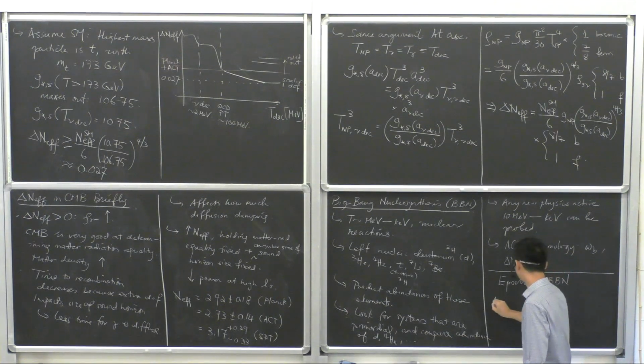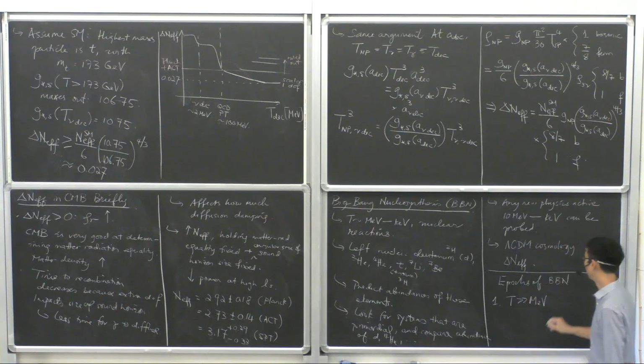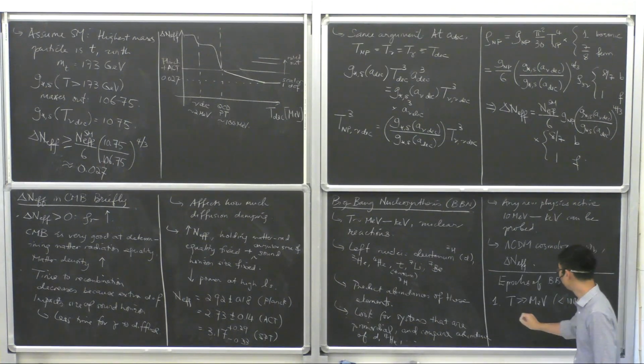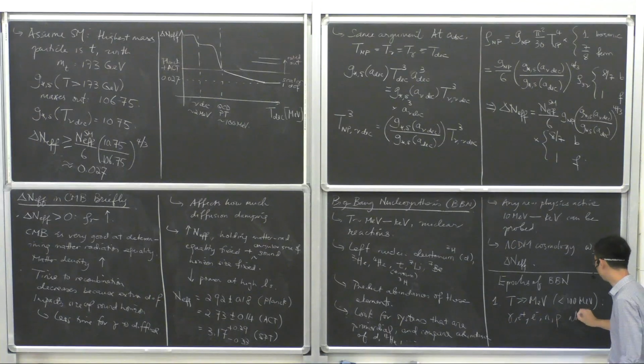Okay, at T much greater than MeV, but less than 100 MeV, let's say, what do you have? You have photons, e plus, e minus, neutrons, and protons, and they're all in equilibrium.